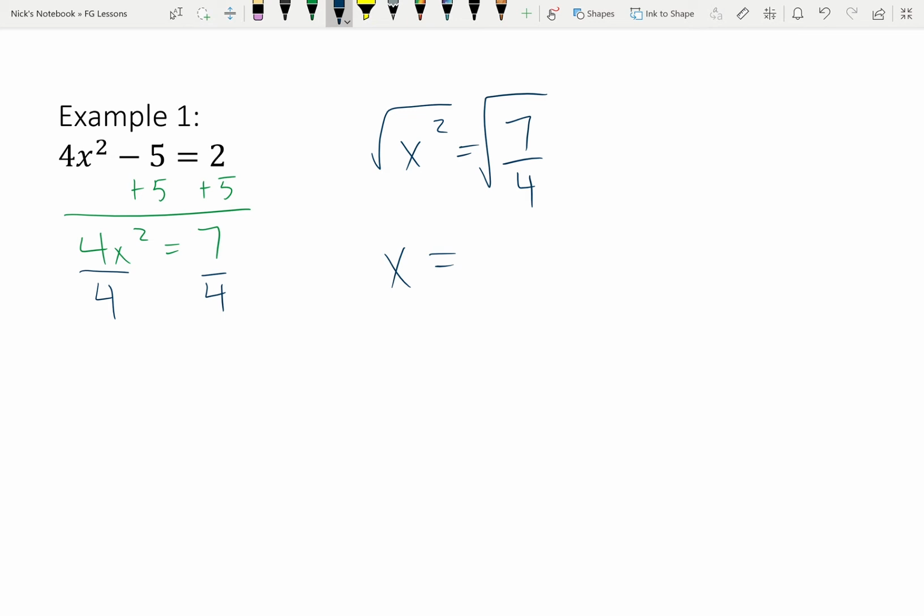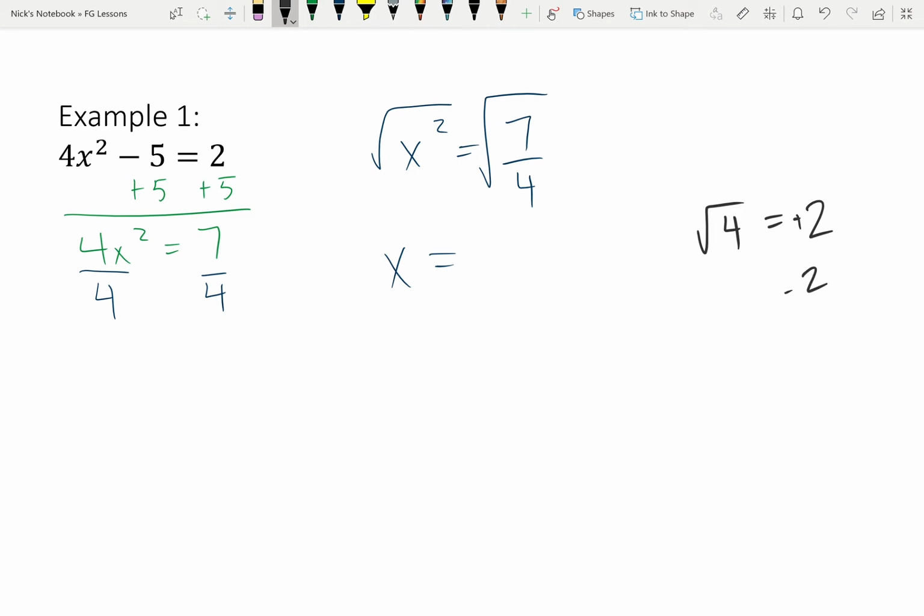Now here's the tricky part. The tricky part here is there's going to be two answers. The reason we have two answers, let's say for example we have the square root of 4. Well, the square root of 4 we know is 2, but it's not just positive 2, it's also negative 2.